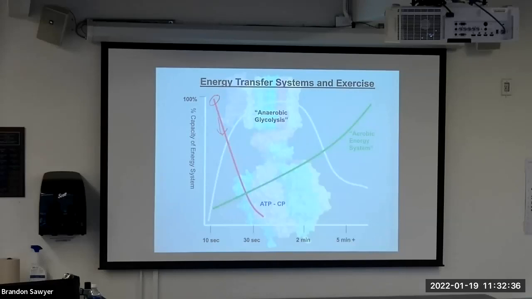The glycolytic system can peak somewhere around 30 seconds, but once we get to around 2 minutes, it's already starting to decline. The aerobic system can get going within 10 seconds or so, and it can go for a long time after that, obviously much more than the 5 minutes on this graph, hours and hours.